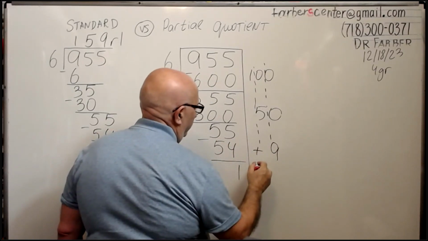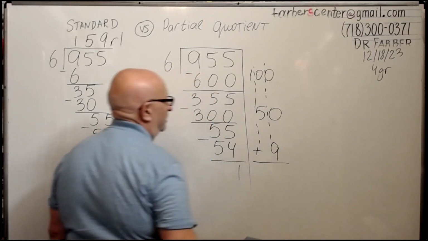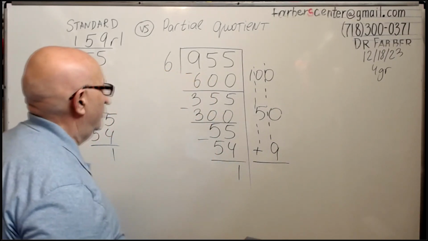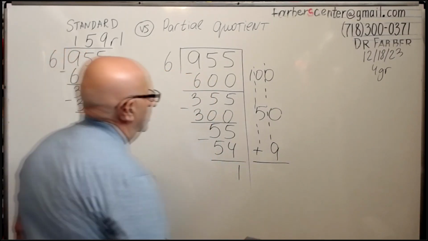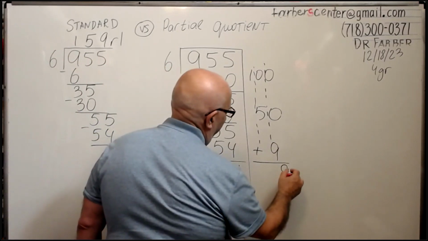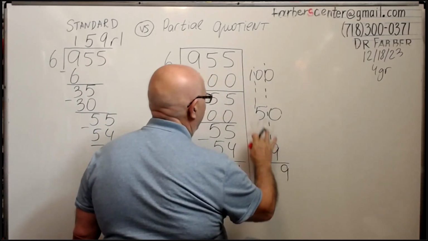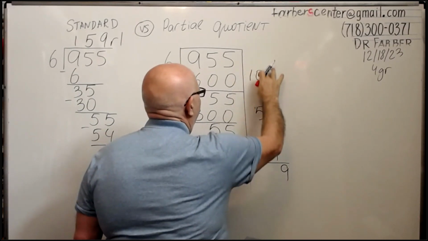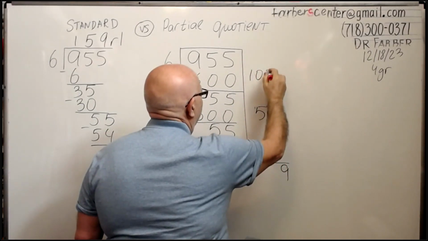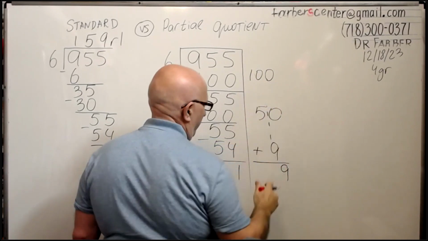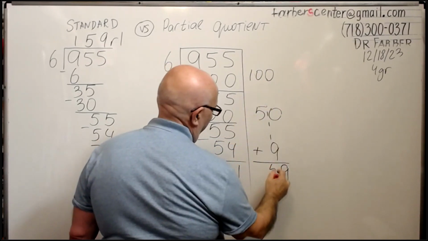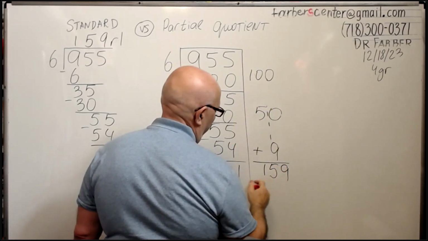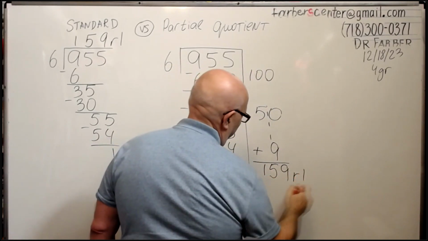Now, since this is partial quotient, pieces of quotient, you have to add them up. It would be 9. We don't need this. I just showed that we're supposed to line up everything. If you grab a paper notebook, it's already lined up. 9, 5, 1, and the remainder 1.